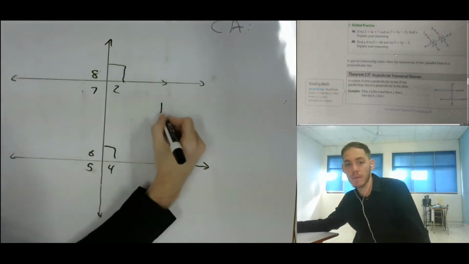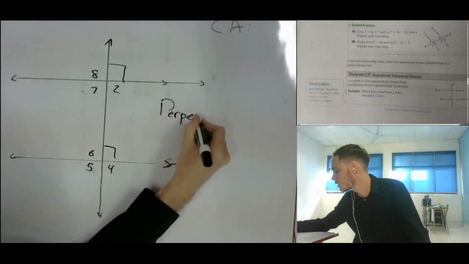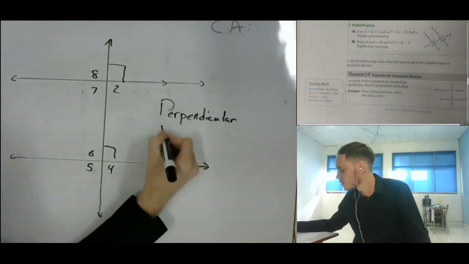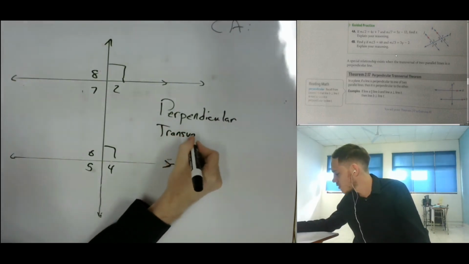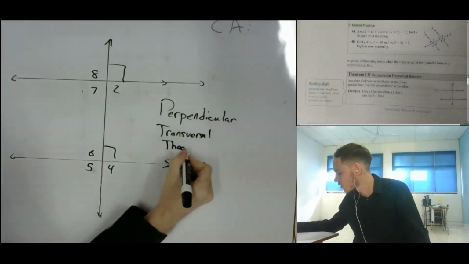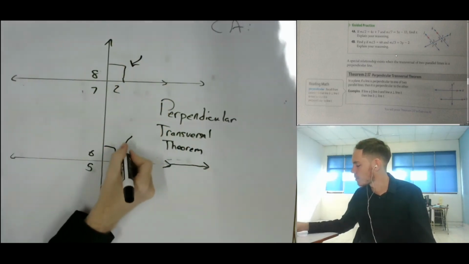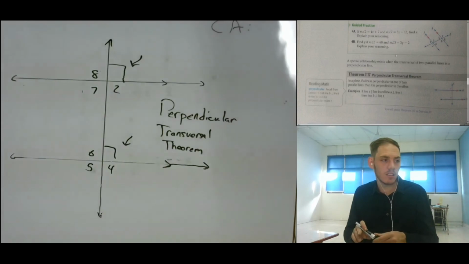So this is the perpendicular transversal. Okay? So if it's perpendicular to one, it's perpendicular to both. And this is actually pretty easy to prove using the concepts of parallel lines to get there.